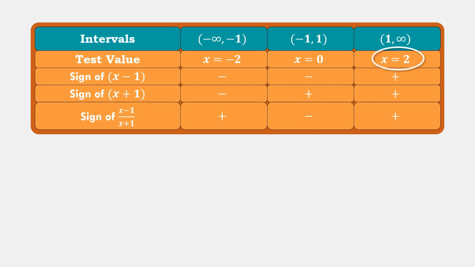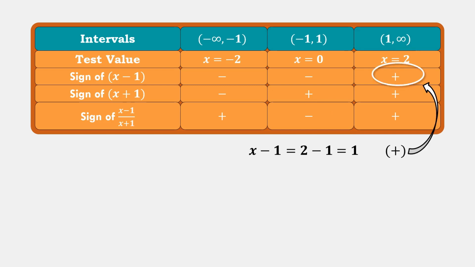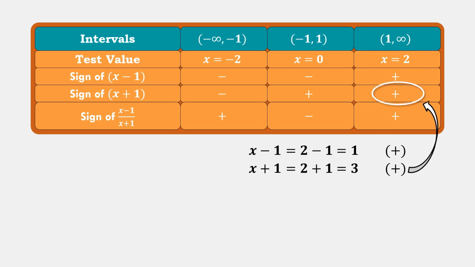Next column, x is equal to 2. So 2 minus 1 is equal to 1. So your sign is positive. Next, 2 plus 1 is equal to 3. So your sign is positive. Next, 1 over 3 will give you 1 over 3.